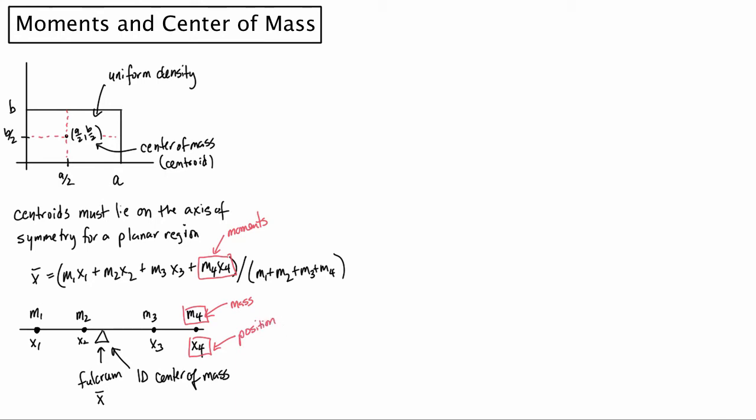What you notice here is that the formula for x bar is simply a weighted average. Maybe a better way to describe it is that, in general, the center of mass is described by the sum over all the moments of the system divided by the sum of the mass of the system.